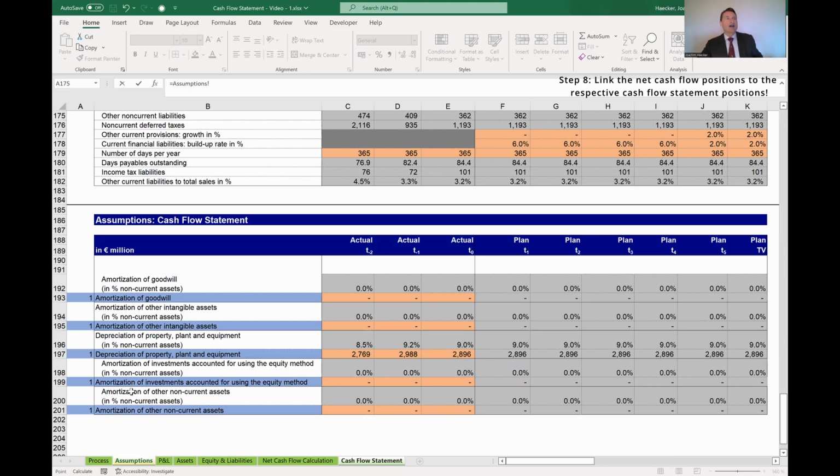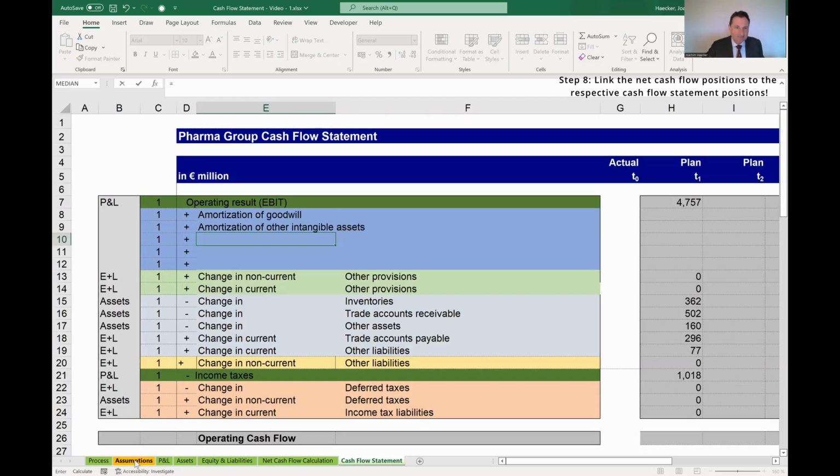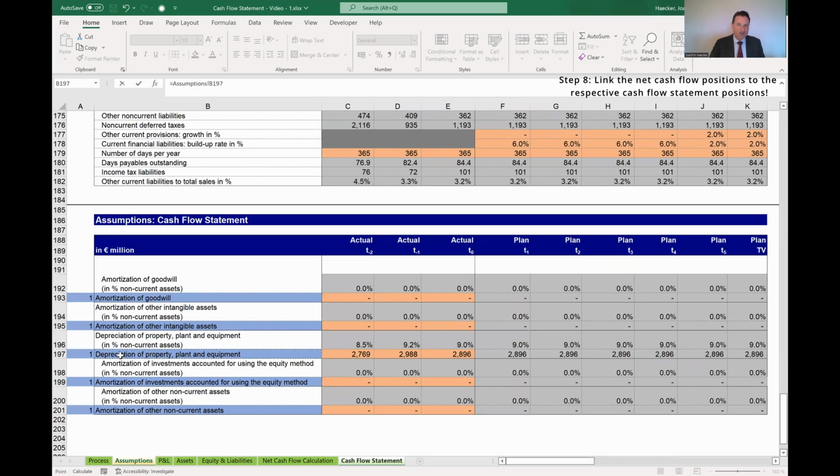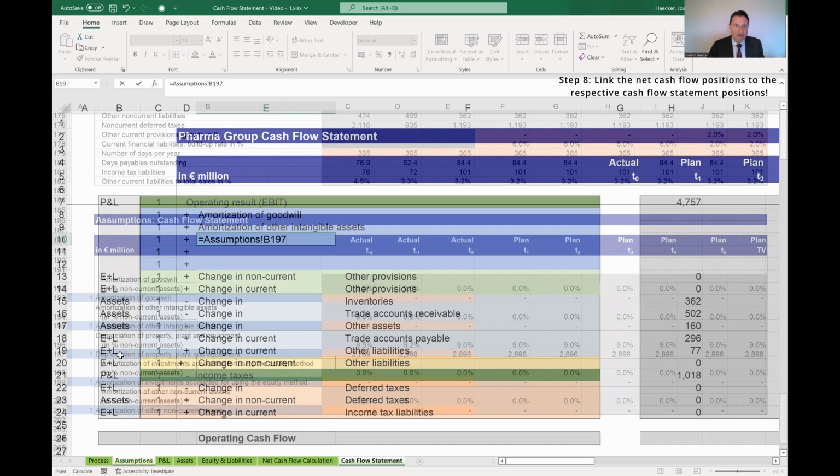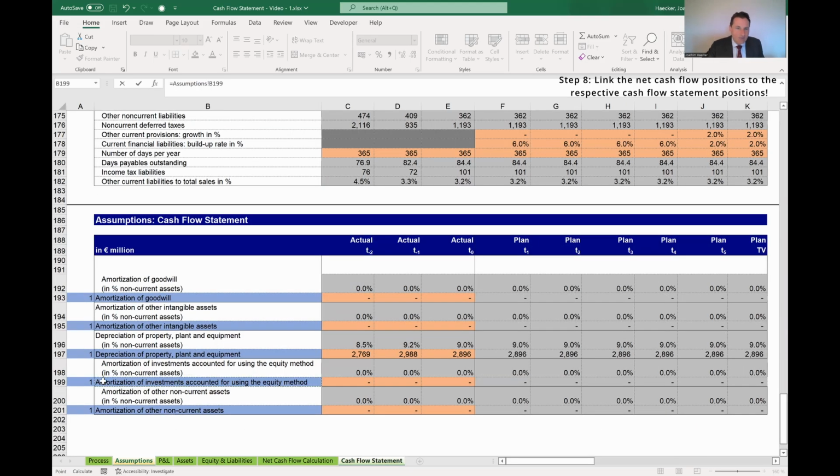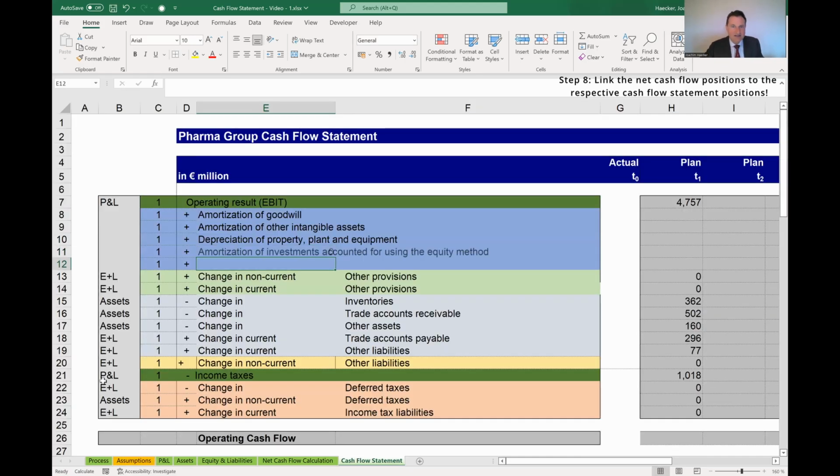on which I will apply the depreciation slash the amortization. So it's the depreciation of property, plant, and equipment. It is the amortization of investments accounted for using the equity method.